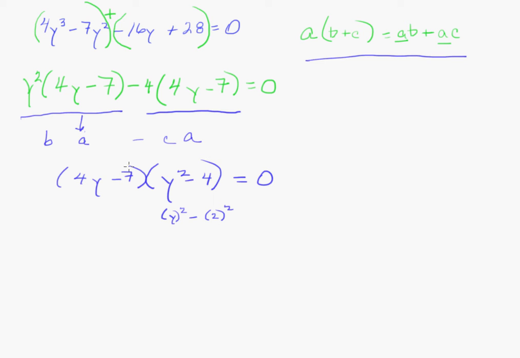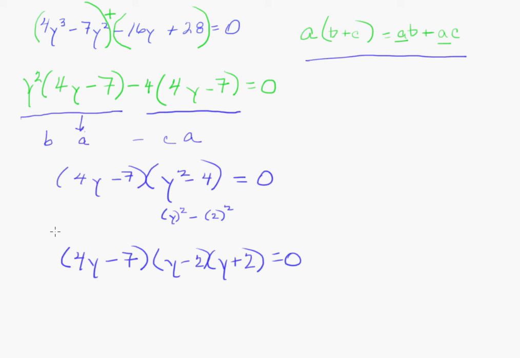And that comes from only one other possibility. So we bring down our 4y minus 7, and then we know that y squared minus 4 factors to (y minus 2)(y plus 2). Okay, so at this point, we would say this is factored.